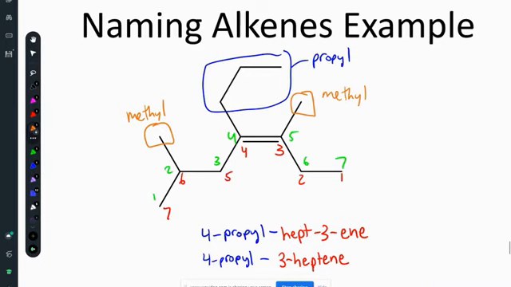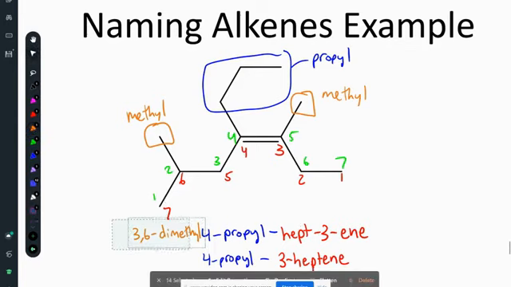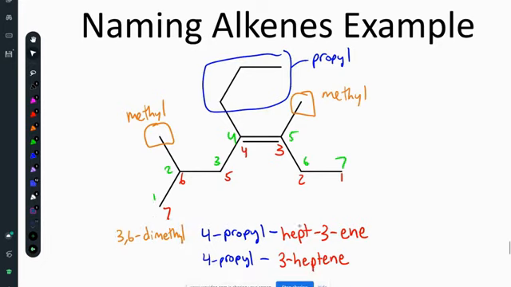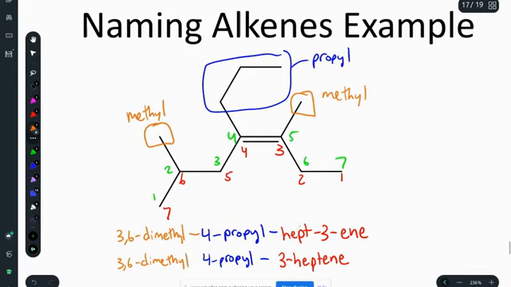So I would have 3,6-dimethyl. So my final name, 3,6-dimethyl-4-propylhept-3-ene for this alkene.